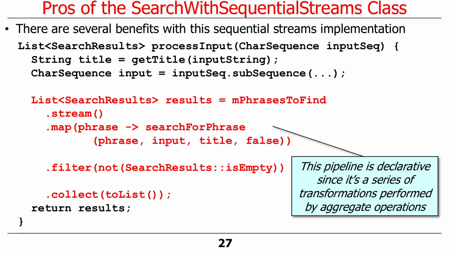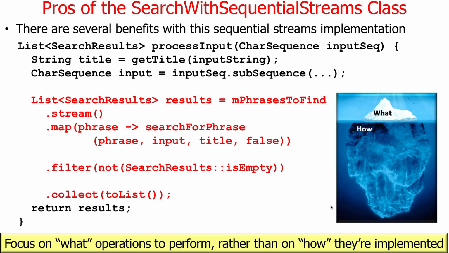You'll also notice that this pipeline that we have here is declarative. So we're not saying how to do it, we're saying what you want to have done. And that's because we're just applying a bunch of transformations and filtering operations using the aggregate operations terminated with a terminal operation. And that is significant because it allows us to focus on the what, not the how.